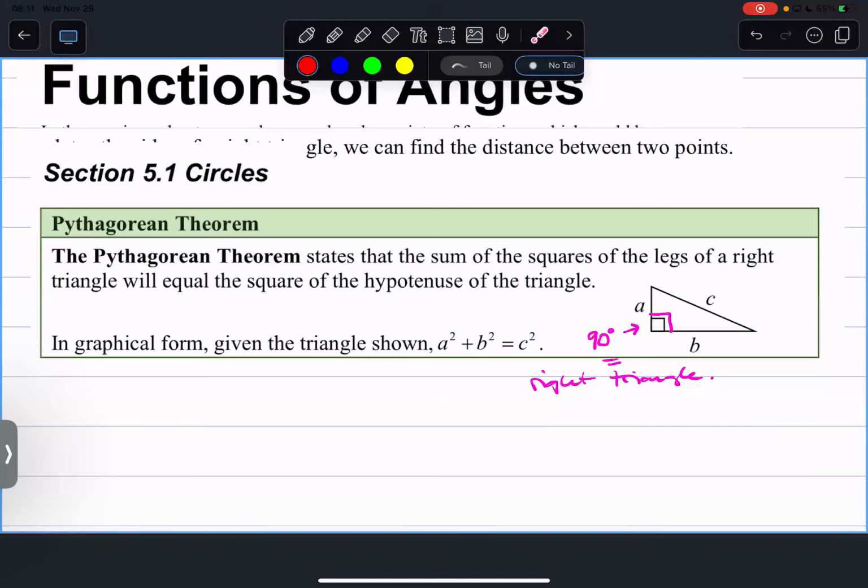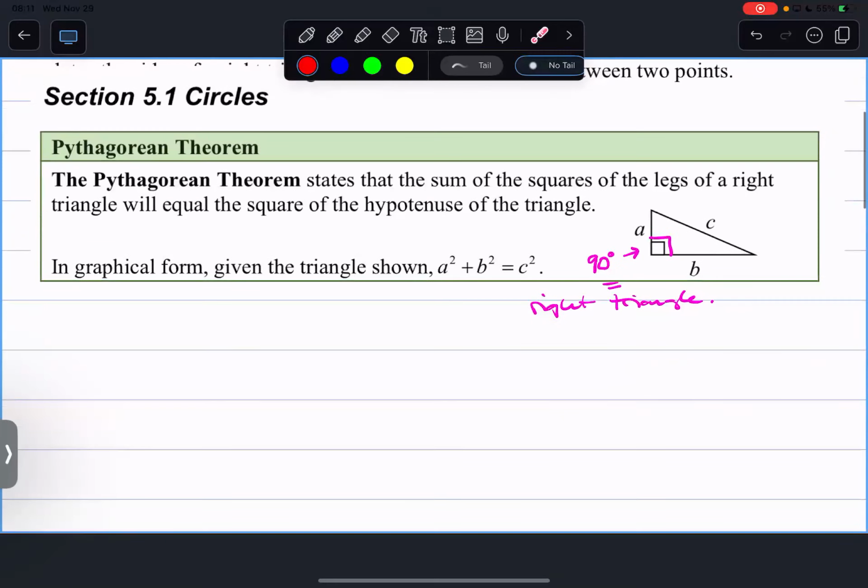I take that back. We're not there yet. We don't have an angle. But a and b, the sum of the squares will equal the square of the hypotenuse. And so we're going to use this a squared plus b squared equals c squared today. How are we going to get from there to the equation of a circle?